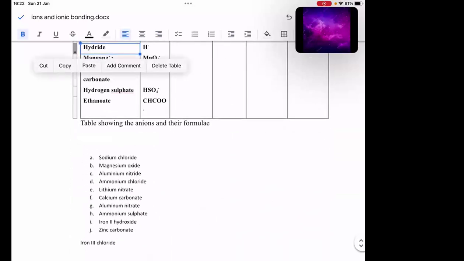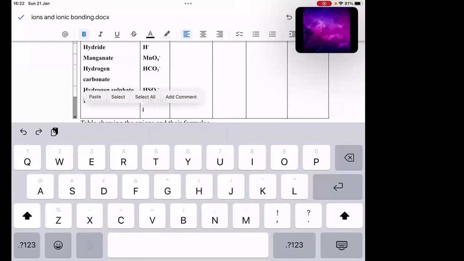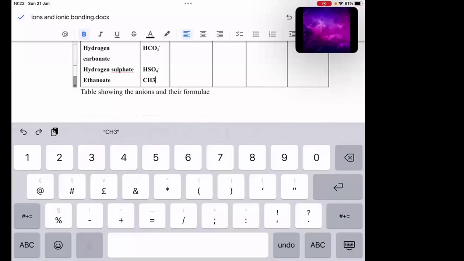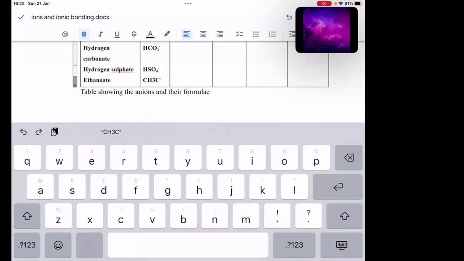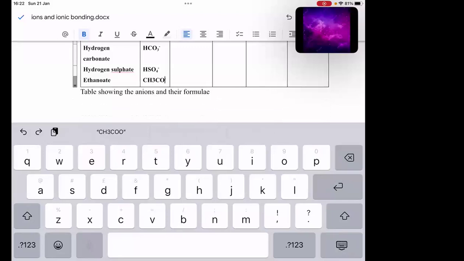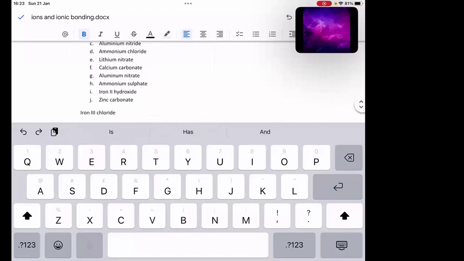Can you go back down again, please? We're not going to use ethanol until we get to organic. So that's fine. All right, these are the formulas.